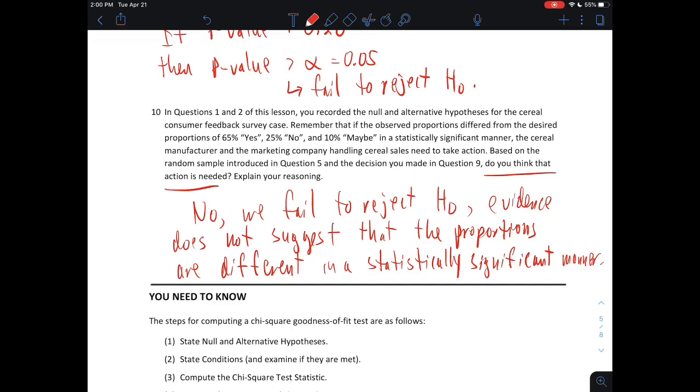This does not provide evidence that things are different than what they have claimed, so it doesn't seem like action is needed.